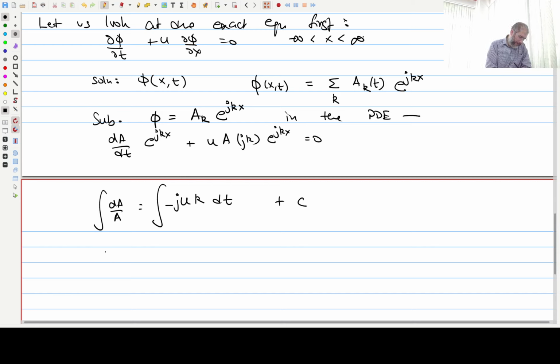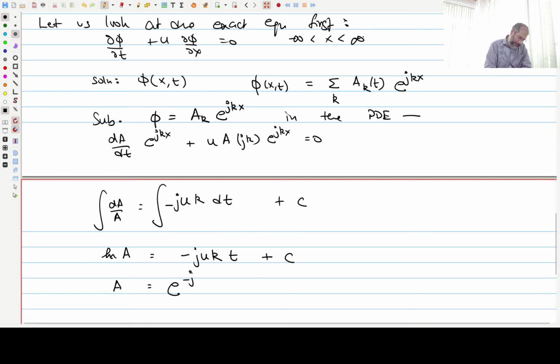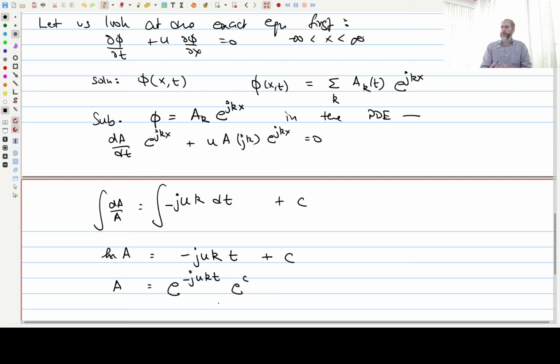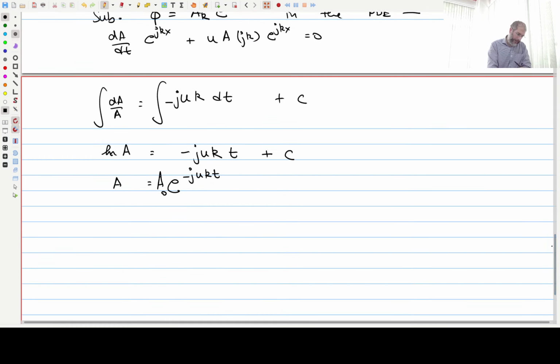So we'll get the natural log of A is equal to minus jukt plus constant. Then I can write A as e to the power of minus jukt plus c. So this is times e to the power of c, which is some constant as well. So let's call this a naught. Okay, so this is the expression for a as a function of time.